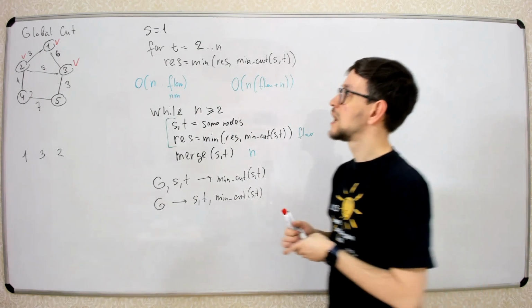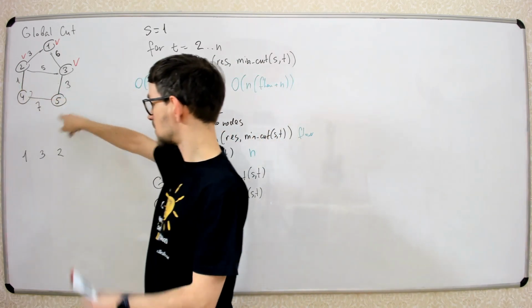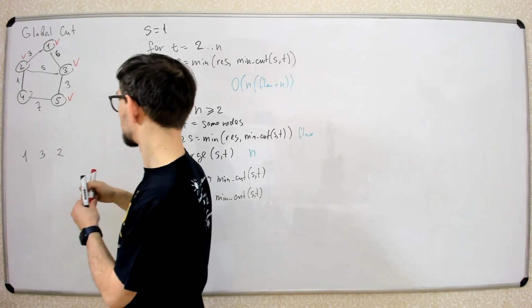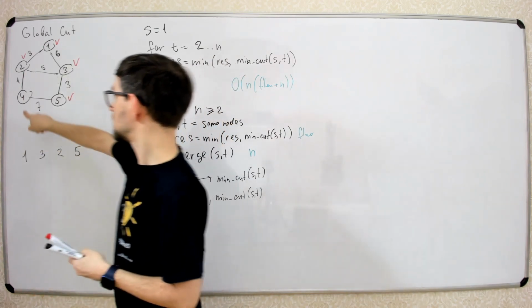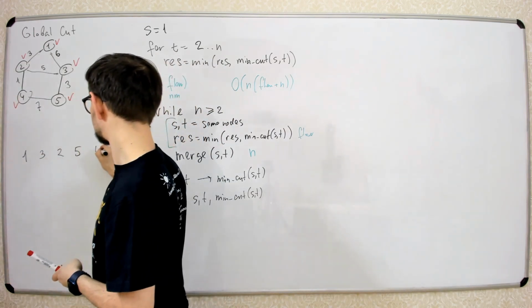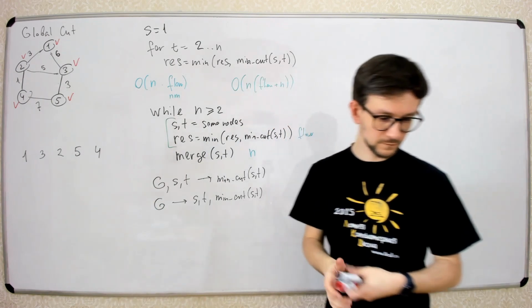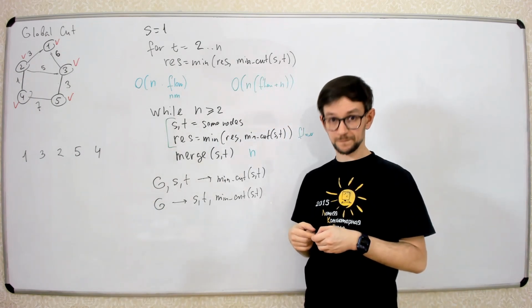And so on. Now for this node we have 3, for this node we have 1. This is maximal possible, mark this 5, put it here. And finally here we have node 4, mark it, put it here.